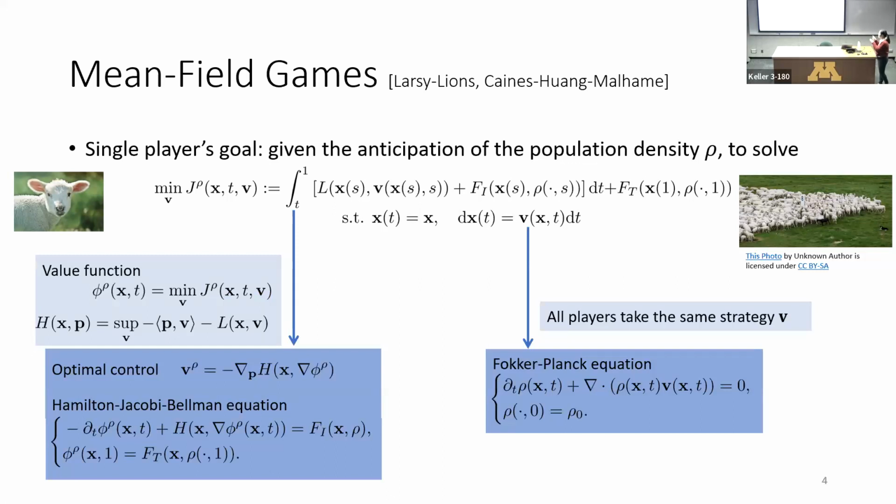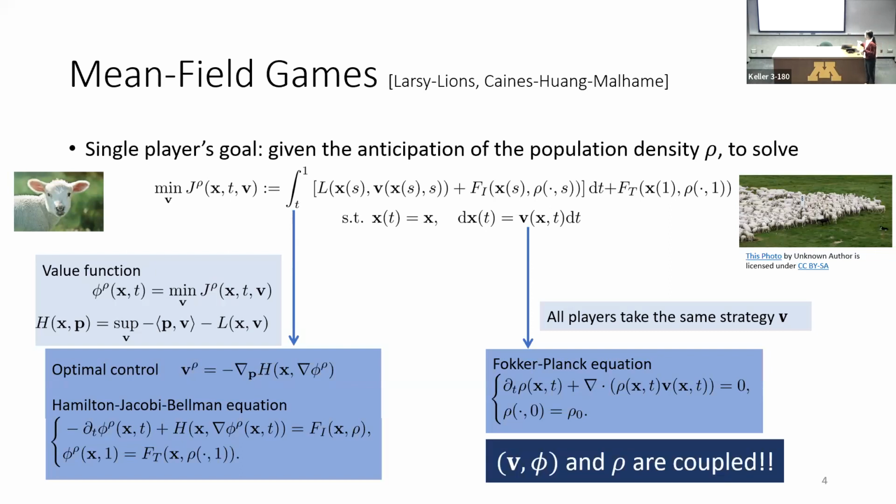So let's take a closer look at this problem, and take a look at an example. We should pay attention to the interaction cost and terminal cost. These two costs tell you that your cost depends on what the other players are doing.